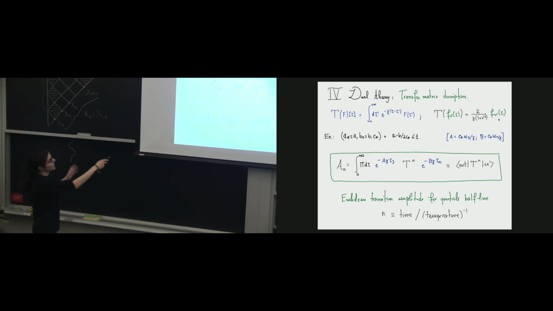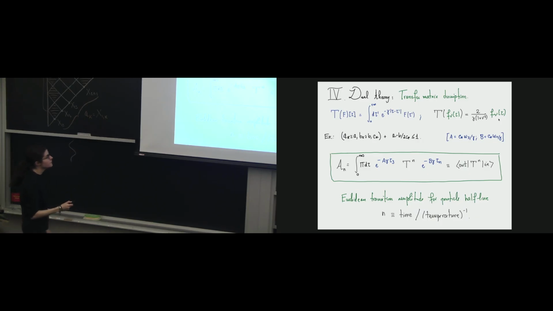So in a simpler case where all of the AKs and the BKs are equal, just for simplicity, the amplitude is really just given by this Euclidean transition amplitude, where you've just acted many times with this time evolution operator. And so eventually you're going to converge to the largest eigenvalue of this operator, right? Because large n corresponds with acting with this operator many times.